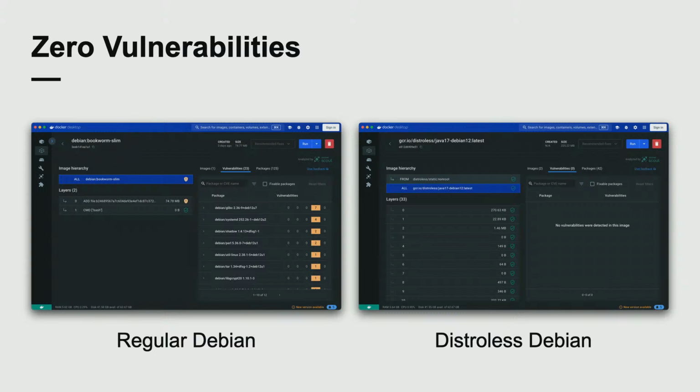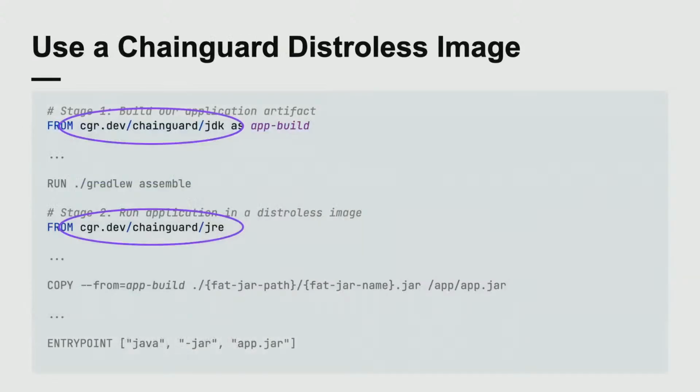So when we apply this kind of distroless image approach to your Dockerfile, we can separate our Dockerfile into two parts. In the first part, we can use the distroless image to build your application. In this example, I use another vendor called Chainguard, which focuses on providing distroless images in the market.